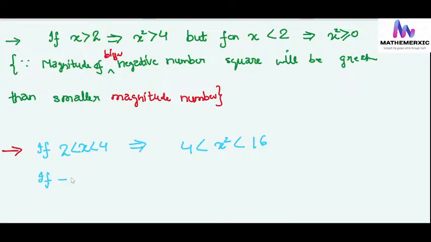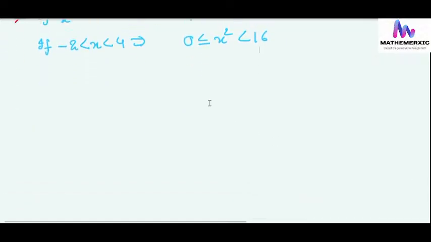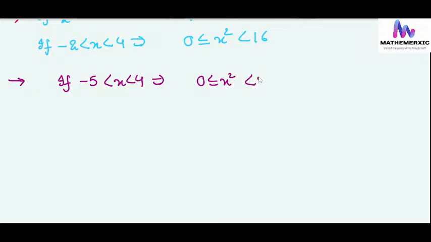But if x is greater than -2 and less than 4, it will be different in this case. x square is greater than or equal to 0 and less than 16. Similarly, this is new, a bit different. If x is greater than -5 and less than 4, then obviously x square is less than 25.